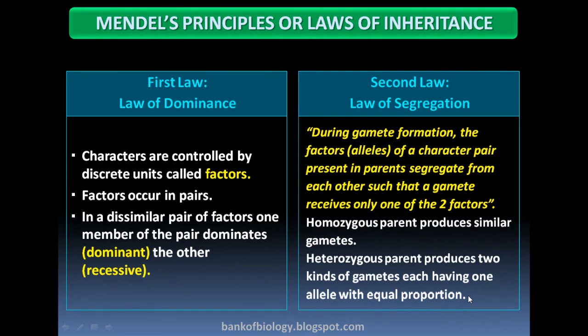So these were two laws of inheritance proposed by Mendel on the basis of monohybrid cross. That means the first two laws of Mendel are derived from monohybrid cross. In the next video, I'll be discussing deviation from Mendelian ratio.